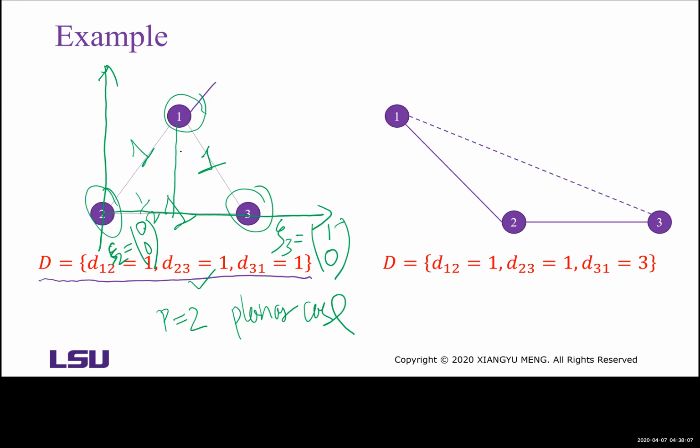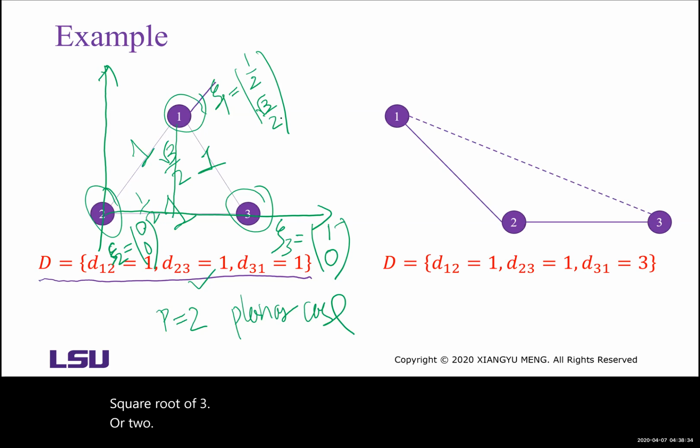Then for agent 1, we can pick c1 as half, square root of 3 over 2.